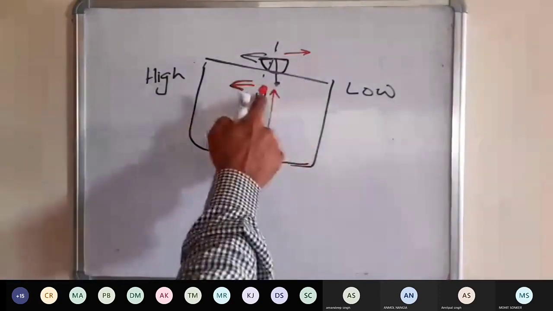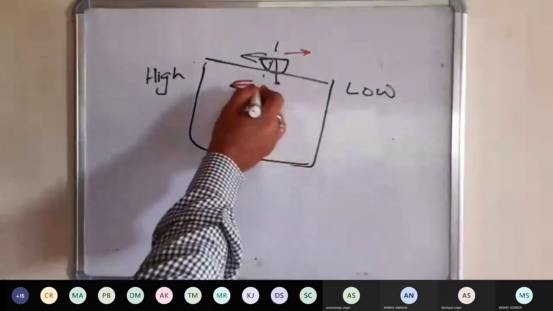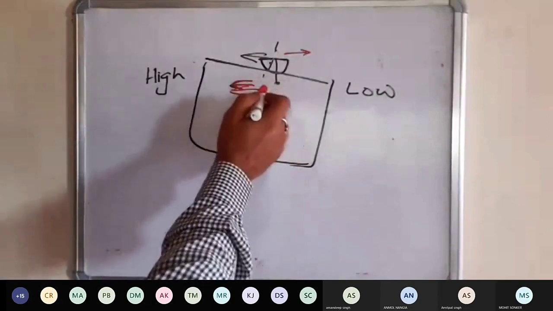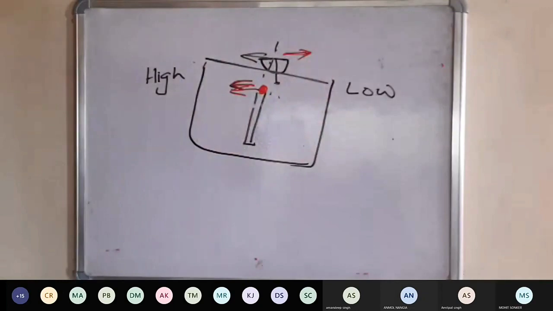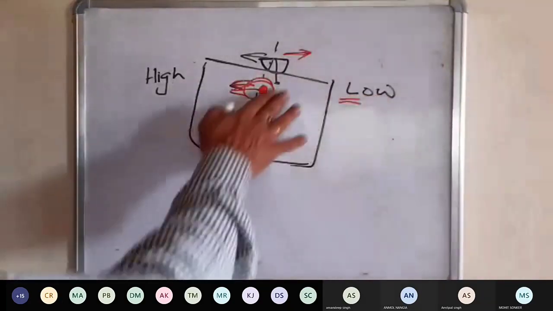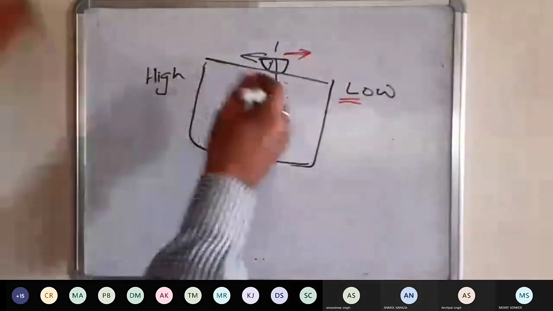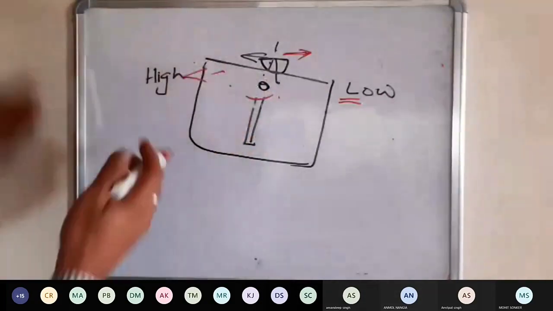Directly below, it would not have created that problem. But since it has now shifted to one side, the red and red will interact and it will be pushed to this side. So in the red case, the deviation is to the low side, and in the blue case, the deviation is to the high side.